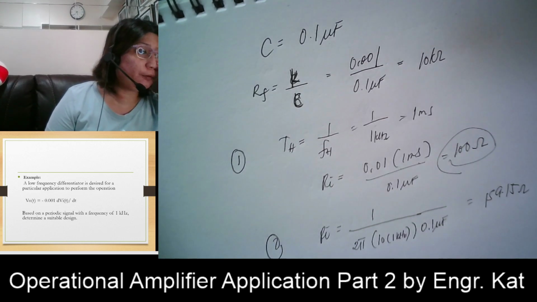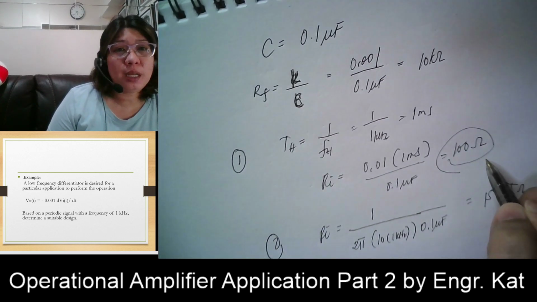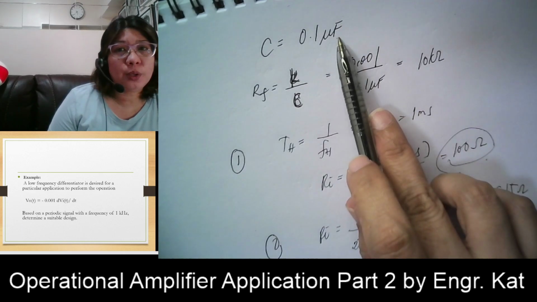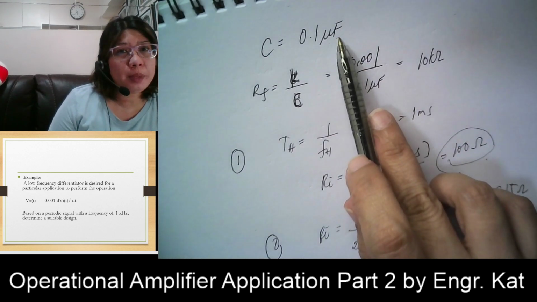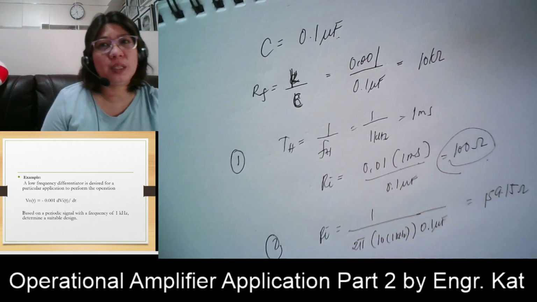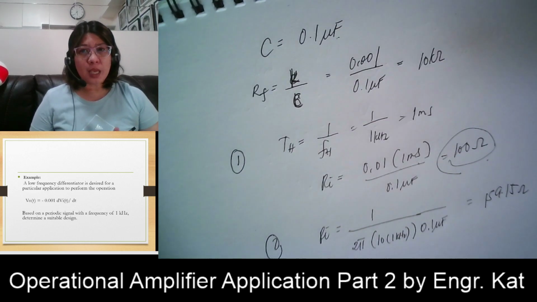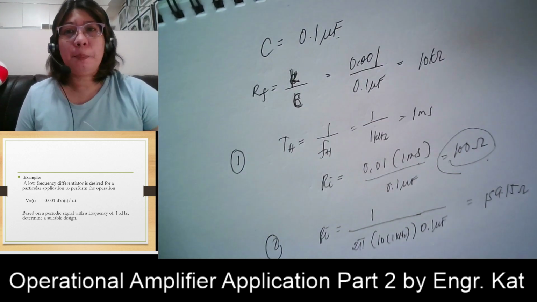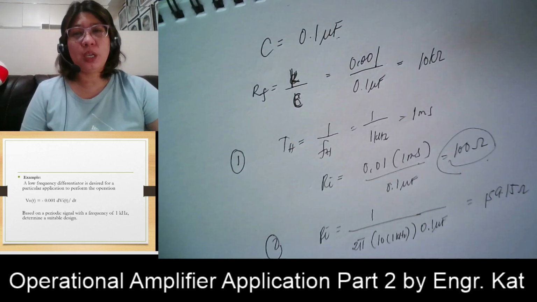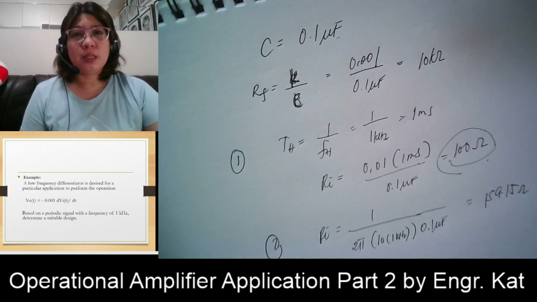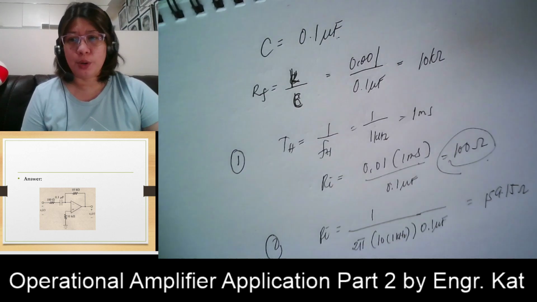Therefore, your RI is 100 ohms, our capacitor is 0.1 microfarad, and finally our RF is 10 kilo ohms. When you say design, all you have to do is draw your differentiator circuit using these values. So this is your answer.